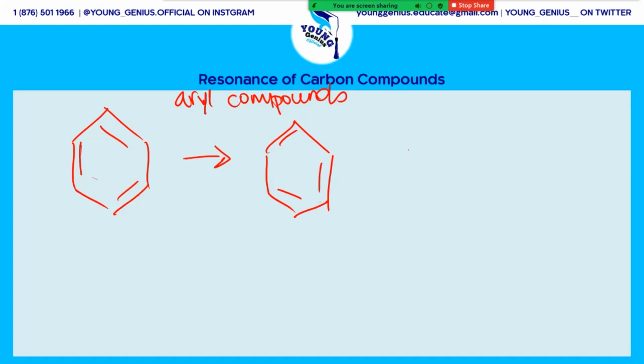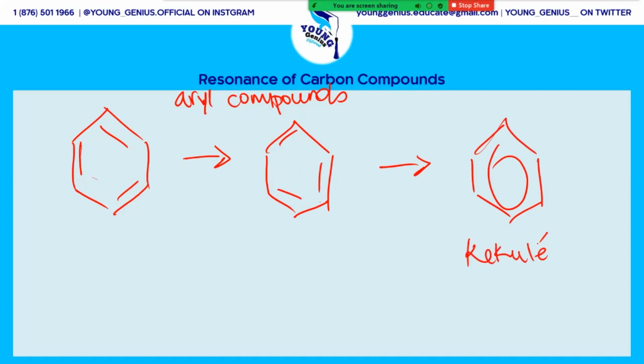That's why we usually represent benzene with the circle in the middle, and this is called Kekule's structure. And it's called a resonance hybrid because it can exist like this, and we're not really sure where the double bonds actually are in a compound like benzene.